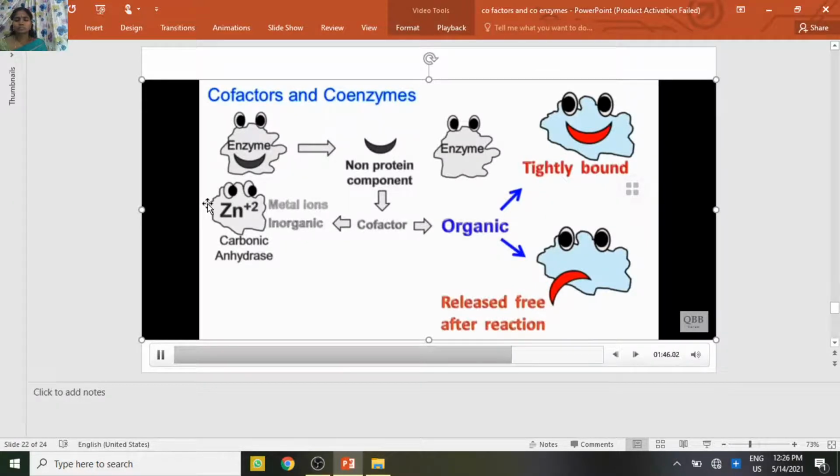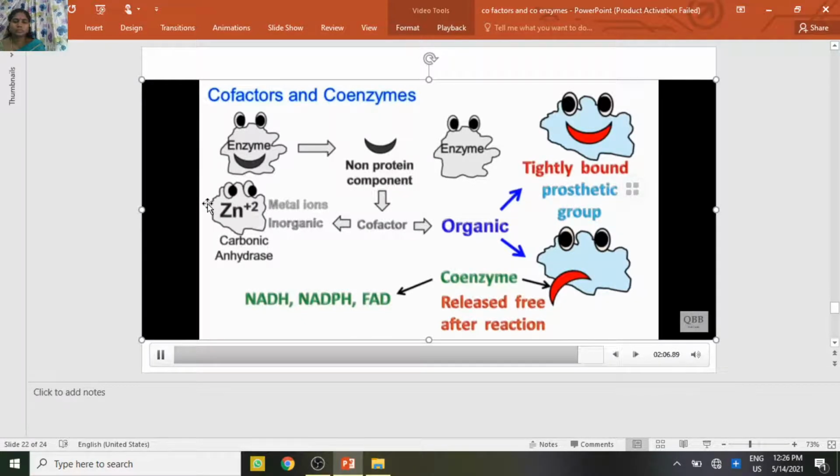The tightly bound organic cofactor is called prosthetic group, whereas the organic cofactor that is released after catalysis is called coenzyme. Most of the coenzymes cannot be synthesized by the body and are derived from vitamins. The examples of coenzymes include NADH, NADP, FAD, etc.